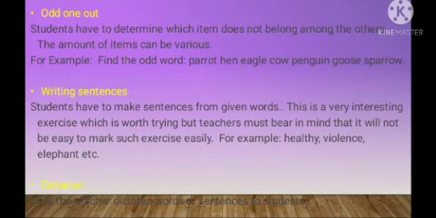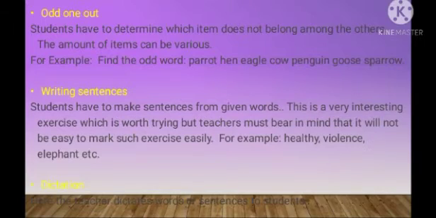Okay, fourth, odd one out. Students have to determine which item doesn't belong among the others. The amount of items can vary. For example, find the odd word: parrot, hen, eagle, cow, penguin, goose, and sparrow. The student should determine which item doesn't belong among the others.